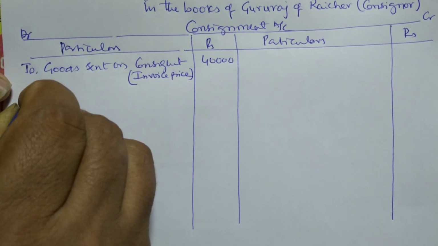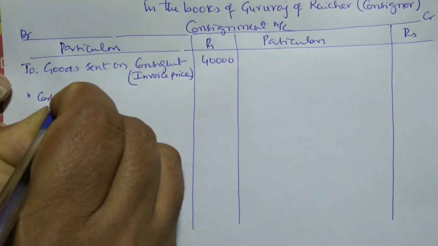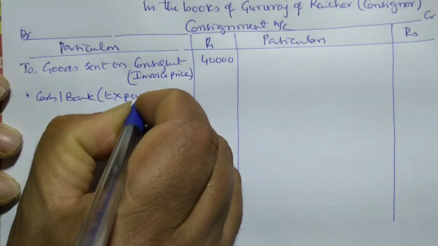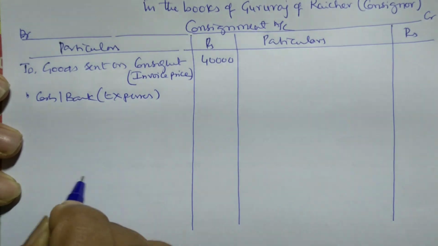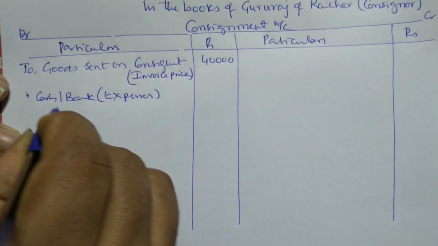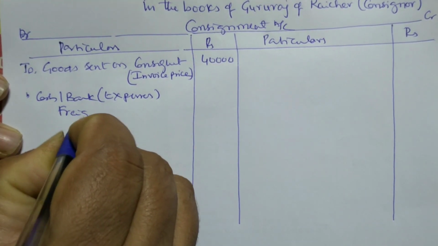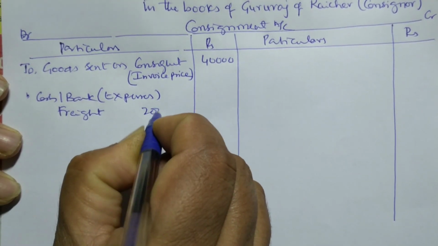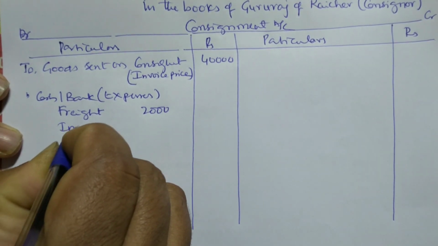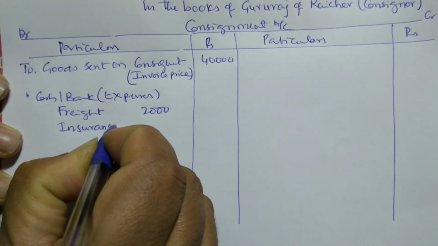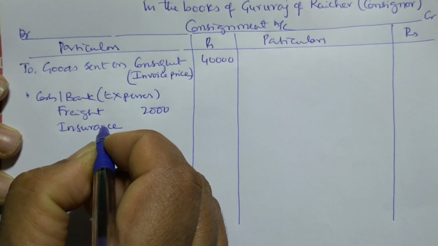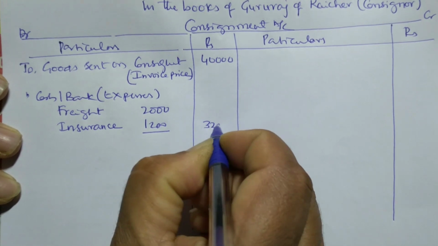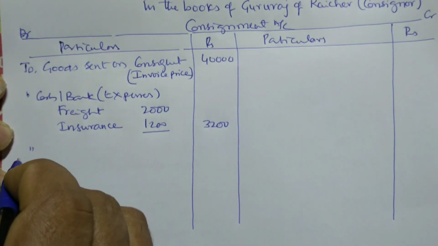Next, while sending the goods, he has incurred expenses. He has incurred freight, which is 2,000, and insurance, which is 1,200. Total 3,200 expenses incurred by the consignor.